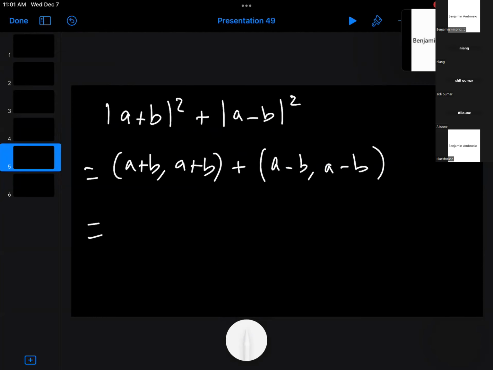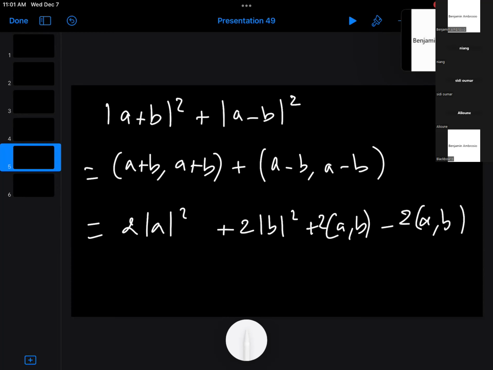So this gives 2a square, because then I will get 2b square, and the other cancels because I will get 2ab minus 2ab. So I got that.